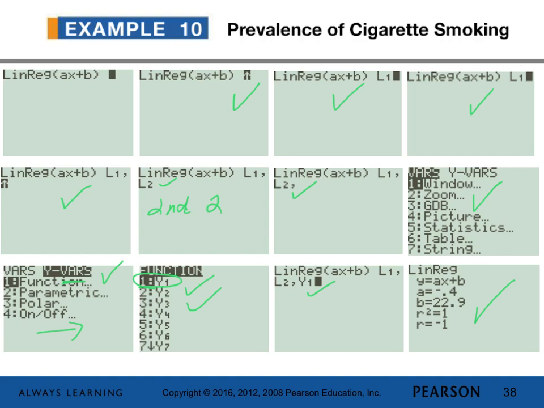Now in this particular case, I want you to notice when I get here, I didn't get 822.9, I got 22.9. But this equation will still work.